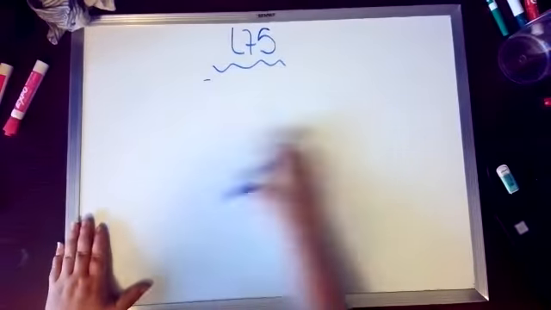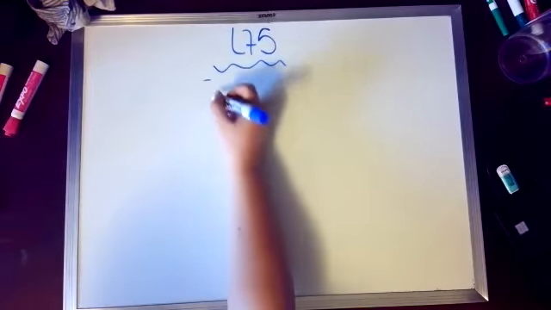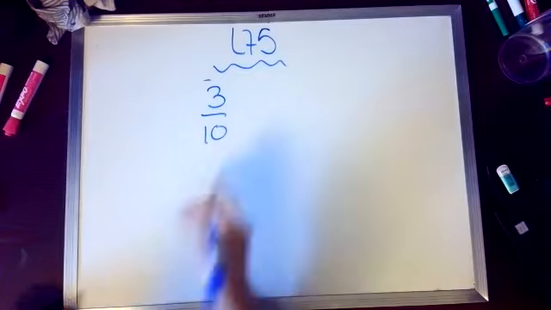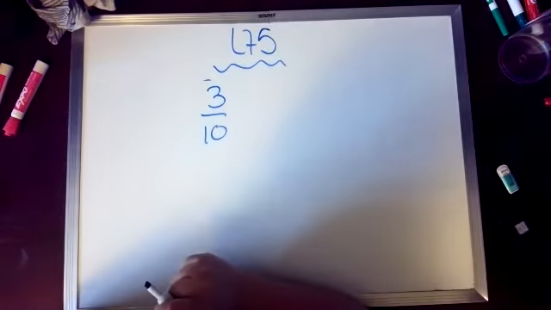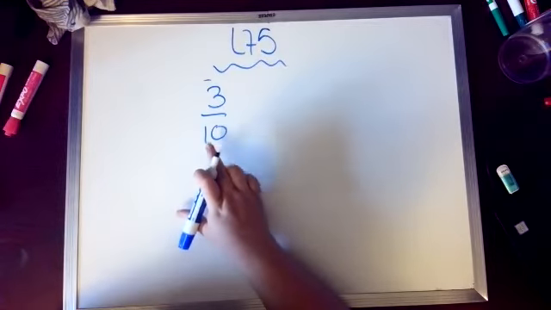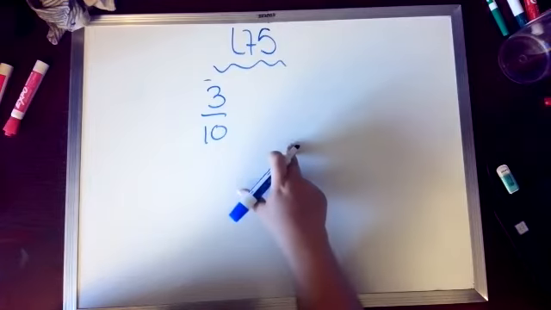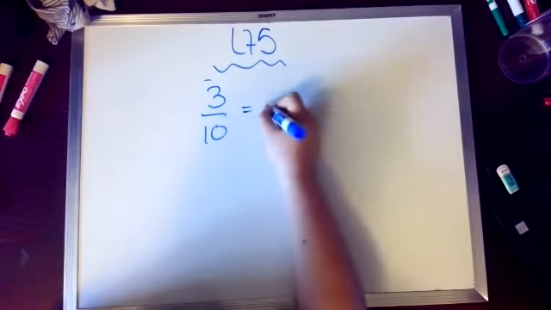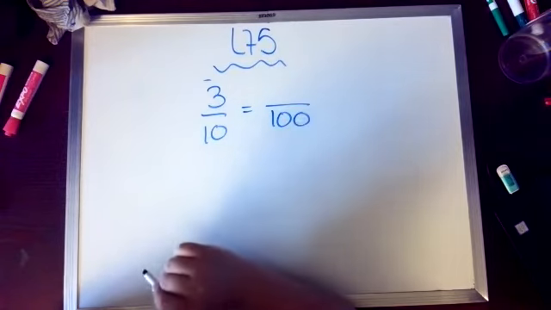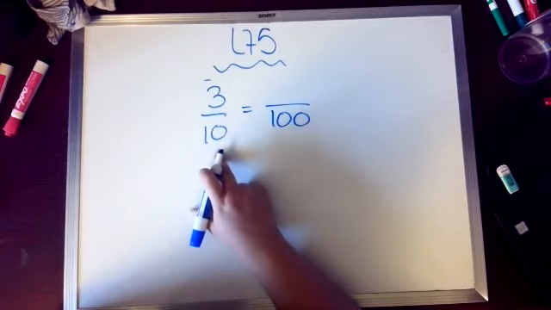Let's look at another one. If I have 3/10, what I want to do is change this 10 into 100. I want to convert this into a fraction that has 100 as a denominator. How I do that is I times it. What do I times 10 by?